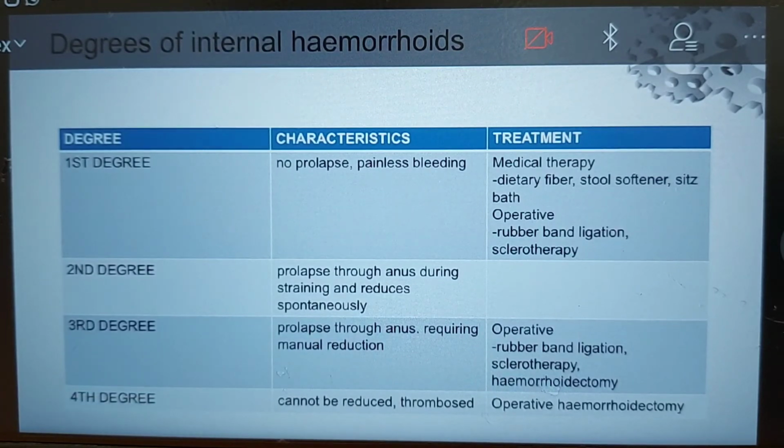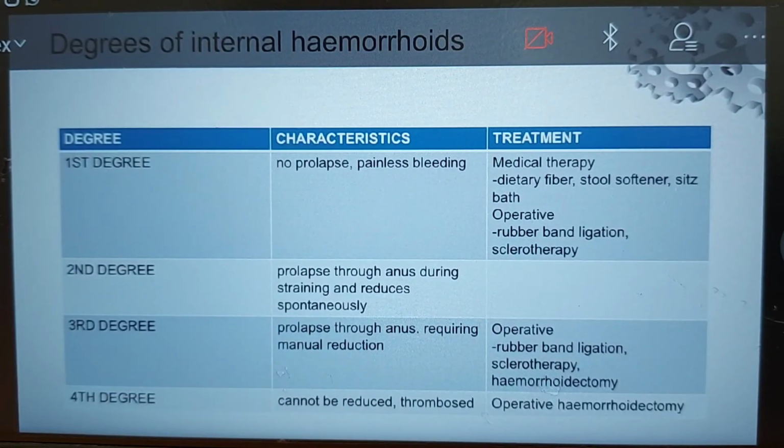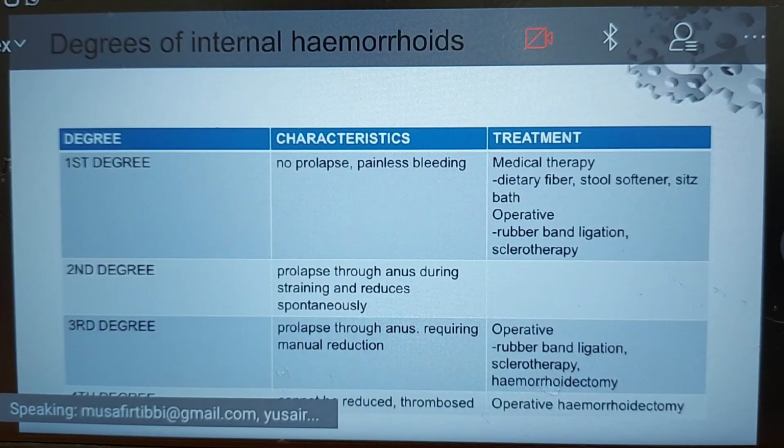And then one more, ideally for third degree, stapler hemorrhoidopexy, you can also use. So mainly these two, ligation and laser, as well as stapler, we give for second and third degree. Okay, continue. Thank you.